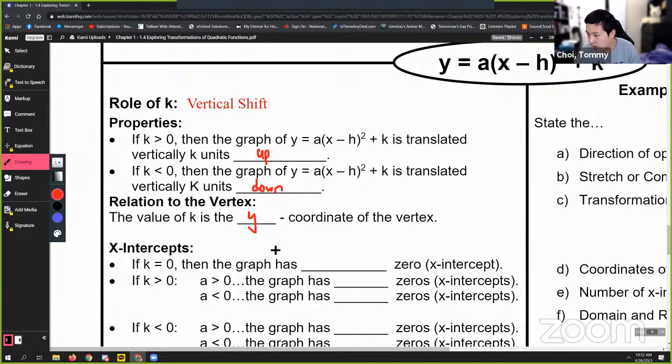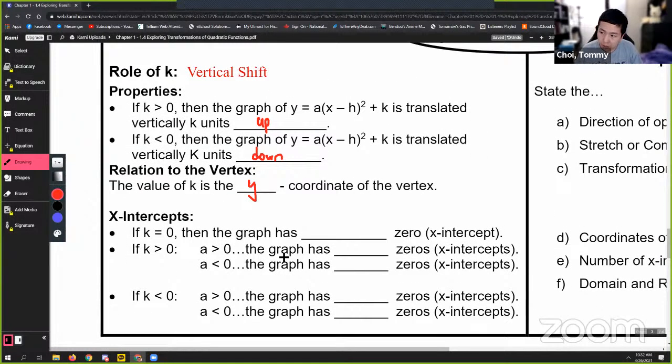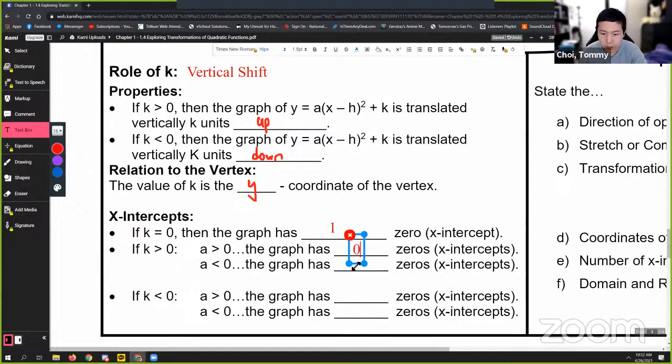And now let's go through our x-intercept stuff. This was what Angela was asking earlier, as well as some other students, figuring out which one's which. So let's break down the rules. If K is 0, the graph has exactly 1 x-intercept. Maybe I should just use the text box so that the numbers are more clear. If the K value is greater than 0, so if it's above the x-axis and A is positive, it has 0.